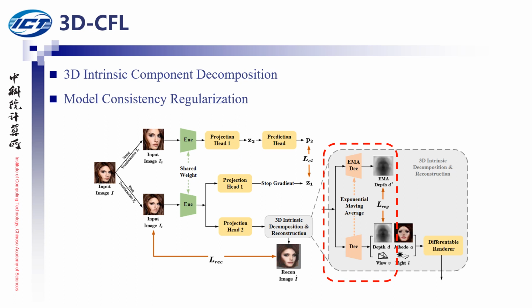Therefore, we introduce a model-consistent regularization to weakly supervise the depth prediction. The EMA result of the online decoder is used to estimate a stable depth result to regularize the online model.